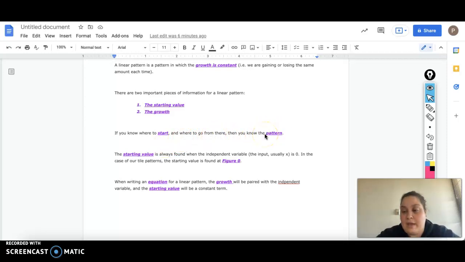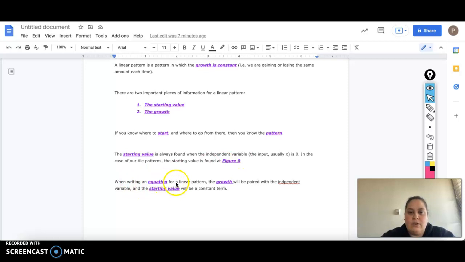We can find the pattern from there. Okay? The starting value is always found when the independent variable, or X, is 0. So again, we have to look at that starting value is found at figure 0. Figure 0 is the starting value, and then from there we see how much it's growing by each time.